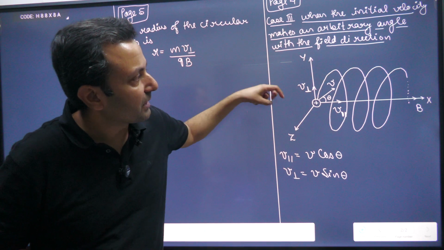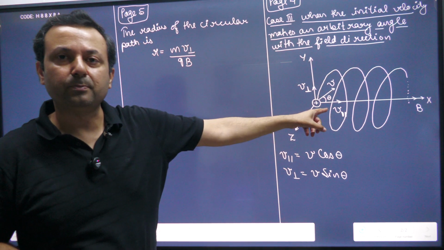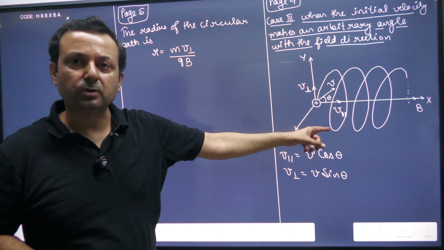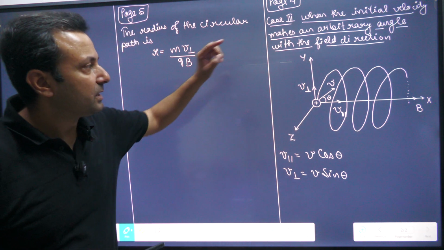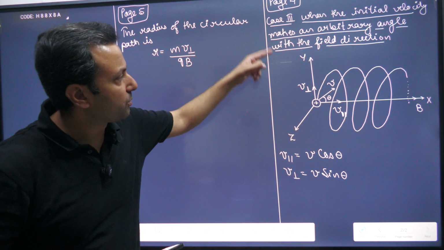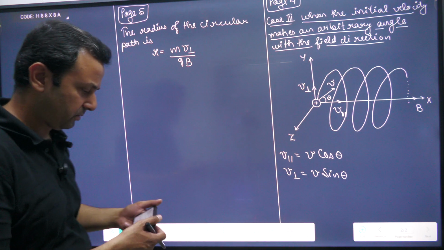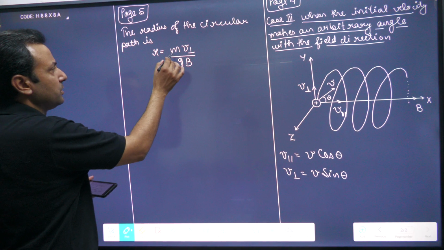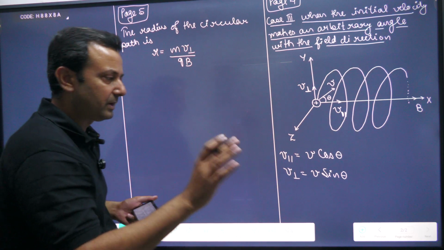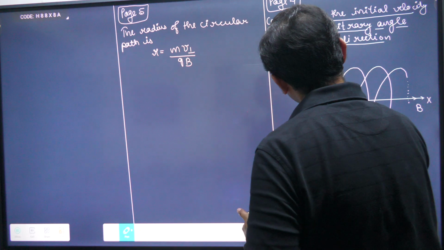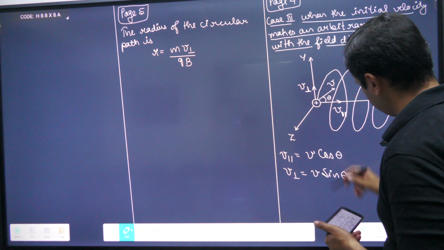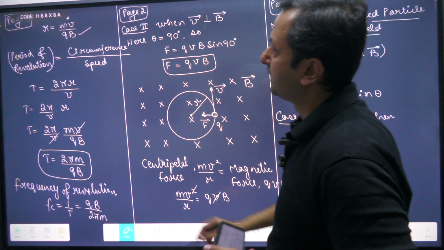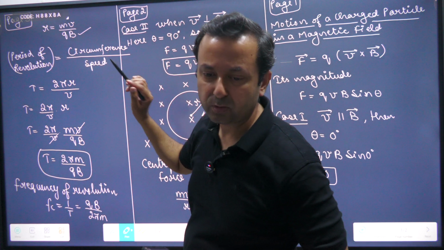These circular loops are getting extended in this direction because of V parallel, because of the horizontal component of velocity, but it is forming a circular path because of this velocity V perpendicular. So that's why I have written R is equal to m v perpendicular upon qB. Otherwise, if there was only this component, then R would have been mv upon qB.